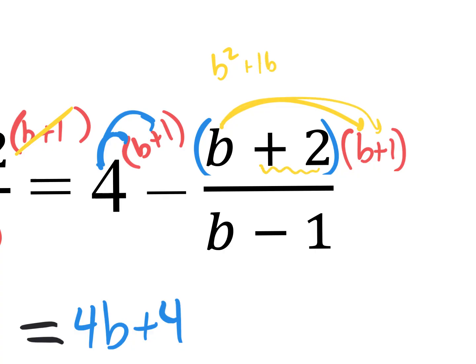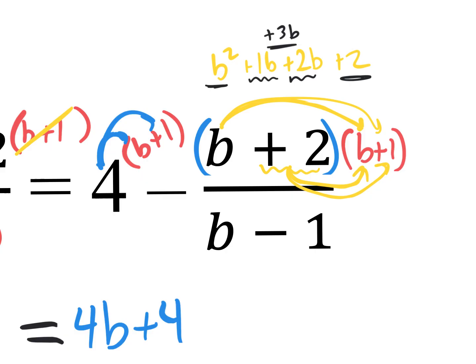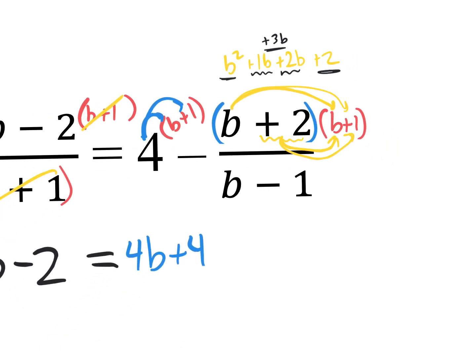And then this positive 2 times b is a positive 2b, and the positive 2 times 1 is a positive 2. And of course, we could combine the 1b plus the 2b to give us a total of 3b. So we really got b squared plus 3b plus 2. And that's what we're going to write on the numerator of this fraction, okay?